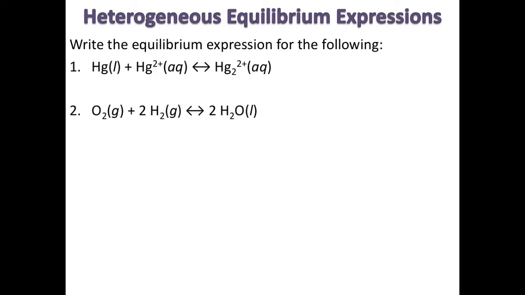Because mercury in the liquid state has a constant concentration, the equilibrium expression will be the product, the mercury 1 cation at equilibrium, divided by the reactant, mercury 2 at equilibrium.